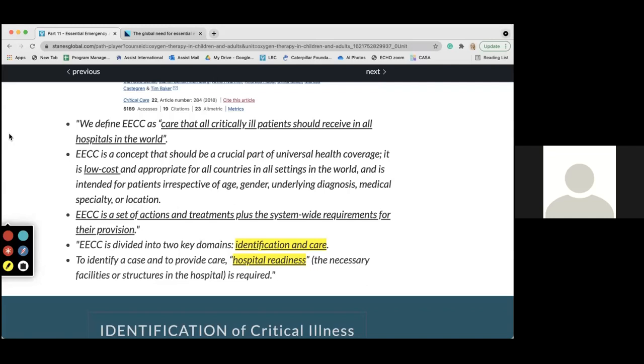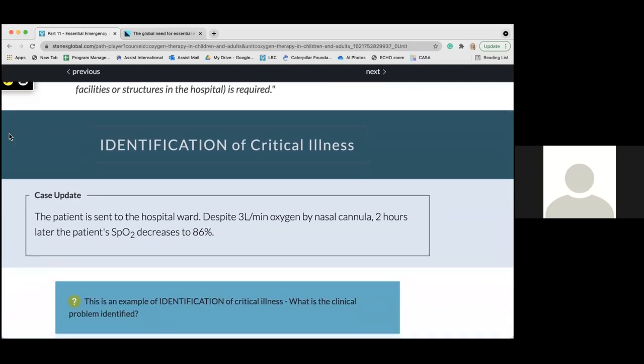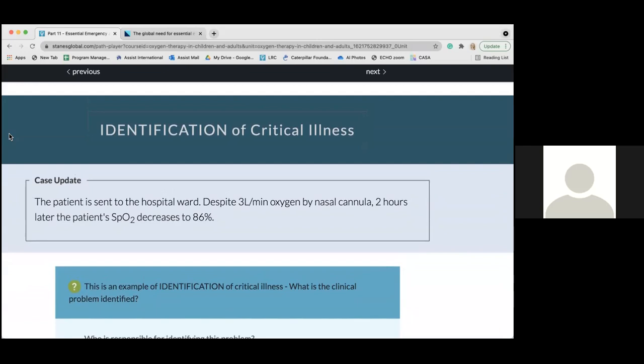So we can go up, Sarah. Like I mentioned earlier, we are going to focus on the two key elements of EECC, which are identification and then care. In terms of identification of critical illness, which is the first discussion line, we have this patient who is sent to the ward.